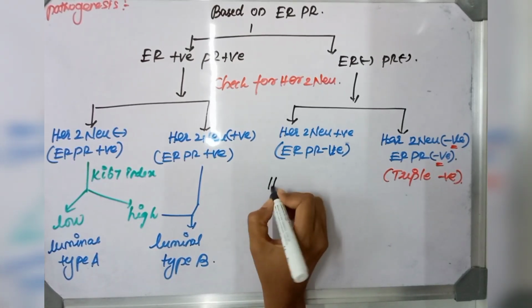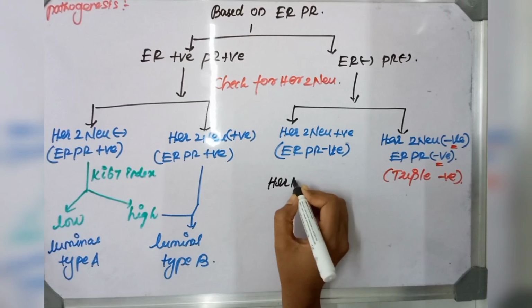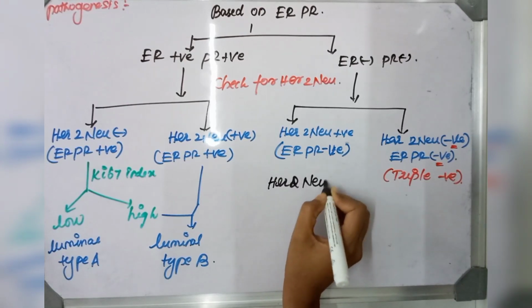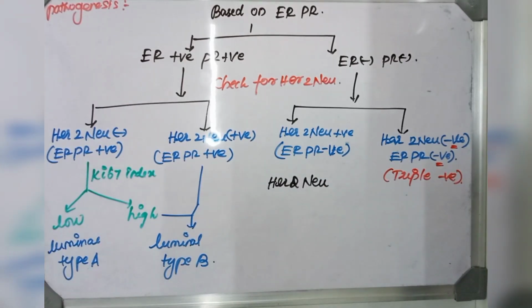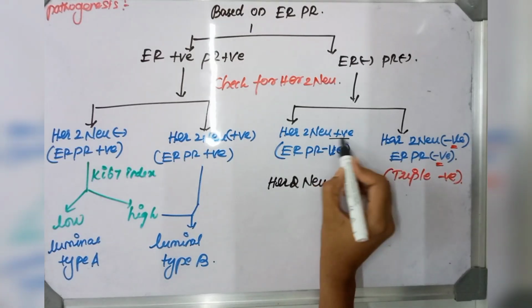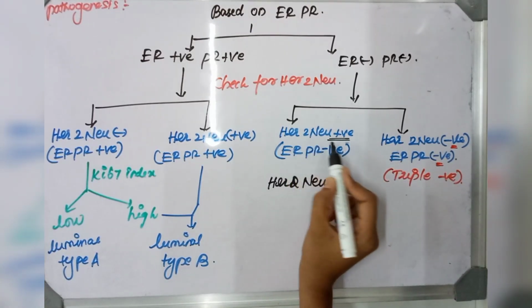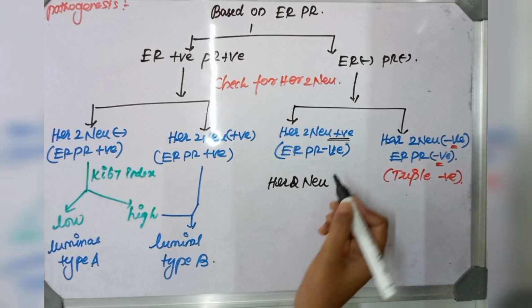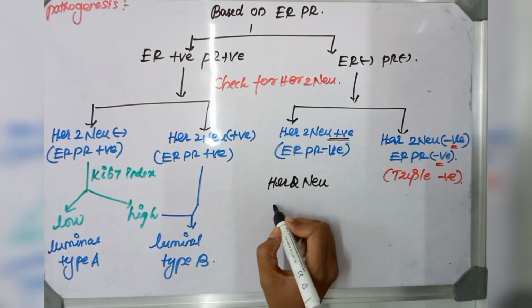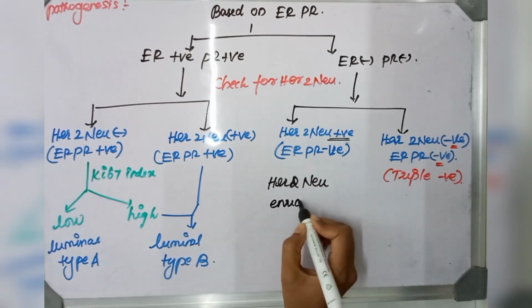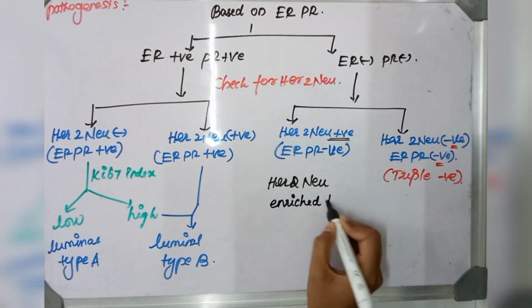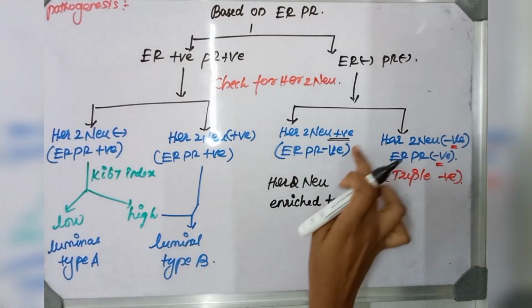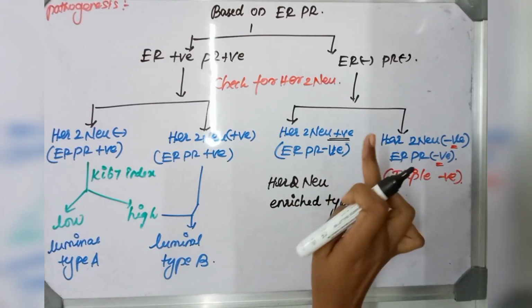But here we are going to give a name called HER2 enriched, because this is ER-PR negative, right? Due to the positive presence of HER2 genes, HER2 receptors here, it is the HER2 enriched type, due to negative ER-PR and HER2 positive.